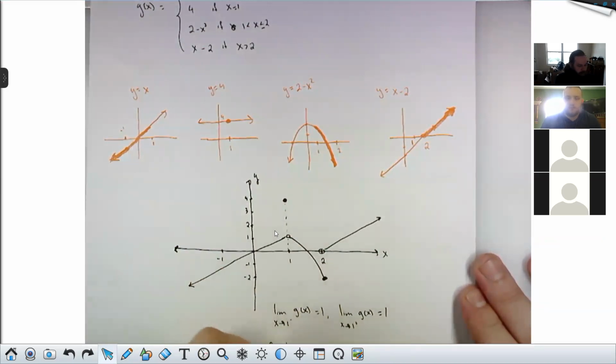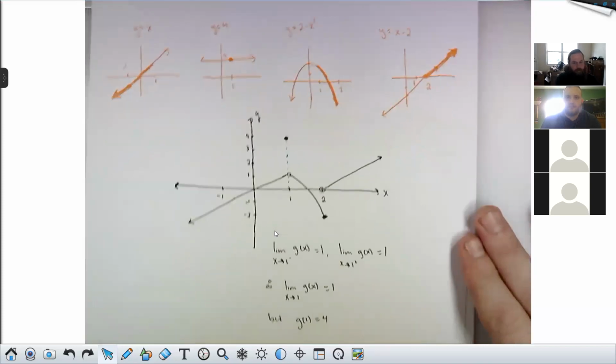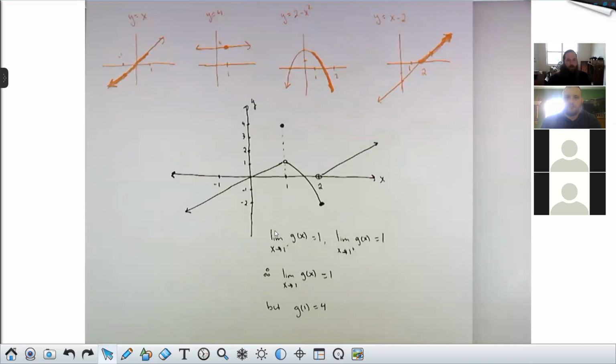But g of 1 itself is equal to 4. So if we were asking about continuity here, we would say this function is discontinuous at 1, because even though the limit exists, it's not equal to the function value there.